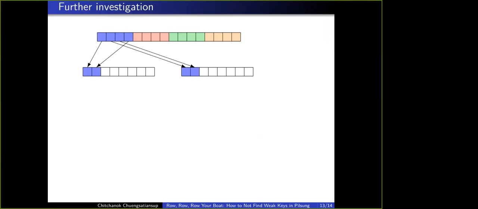Again, if we look at the shuffling algorithm, the first level of shuffling splits into 2 halves of the same size, and it looks at 4 consecutive bytes, which means that it looks at 1 column at a time. And then it splits 2 bytes into one group, another 2 bytes into another group, and again, there's no mixing across 2 different groups.